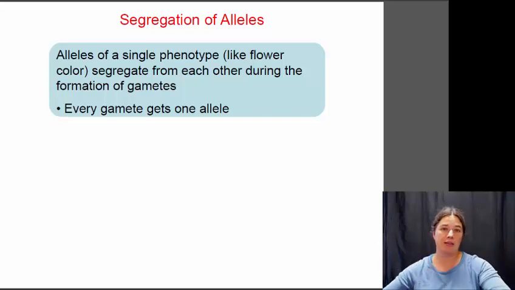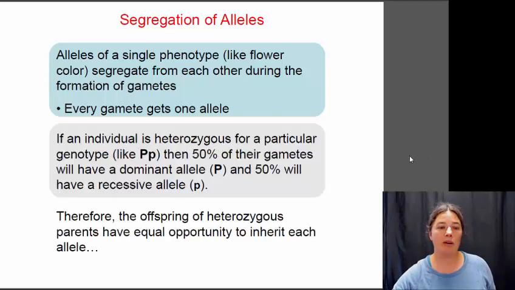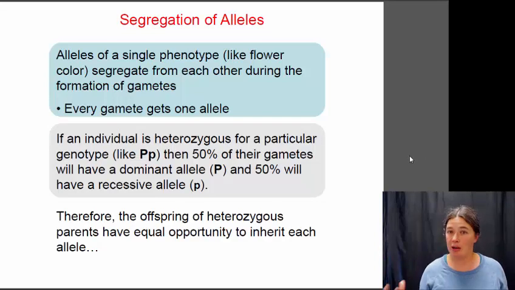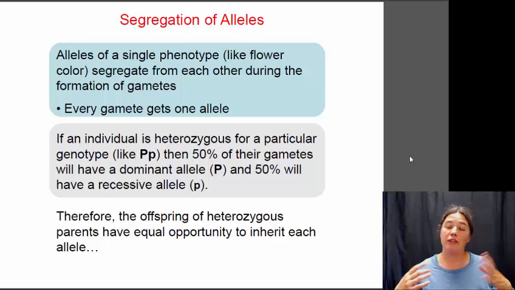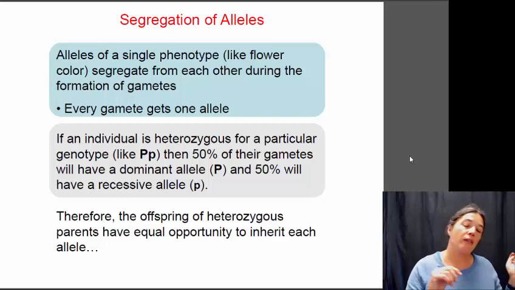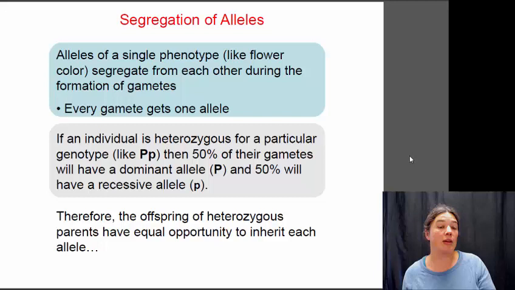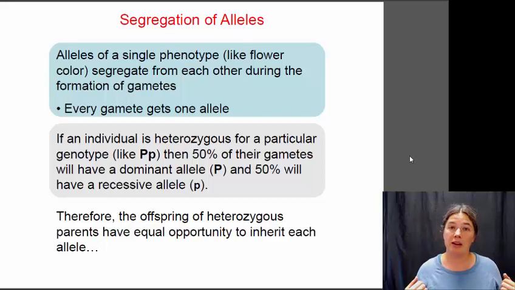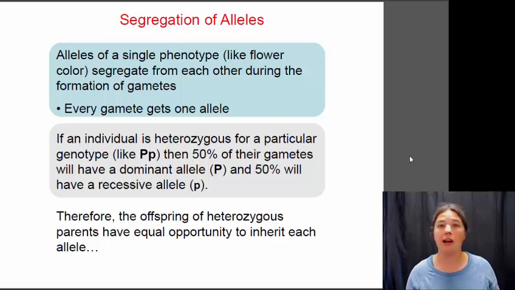For example, if an individual is heterozygous, meaning it has two different alleles for that particular gene, then 50% of its gametes, of its sperm or its eggs, are going to have the dominant allele, and 50% are going to have the recessive allele. So the offspring of heterozygote parents have equal opportunity to inherit either of those alleles.